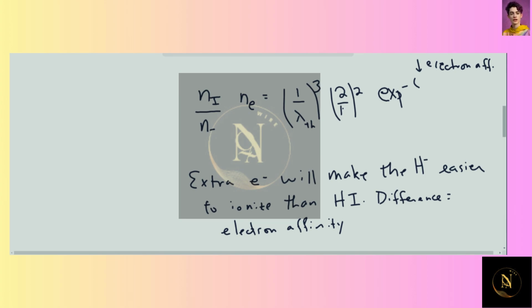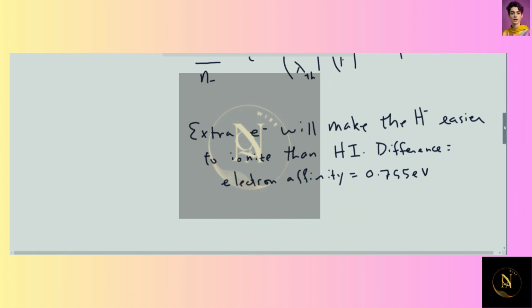Looking that up, there are different ways to look it up, but that is equal to 0.755 electron volts. So we'll get the kBT in terms of electron volts. Working that out, kB times T is going to be 8 times 10 to the minus 20 joules.